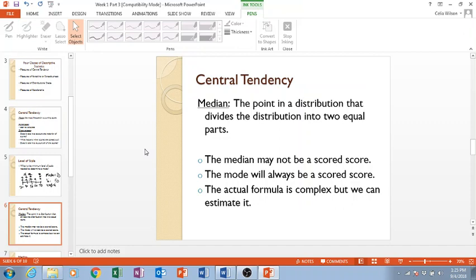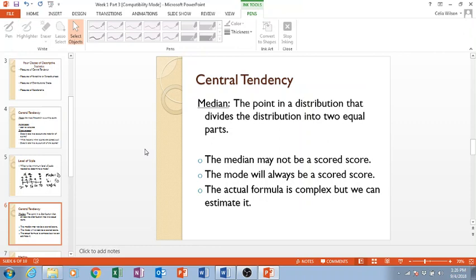We're still after that one number that best represents our entire distribution. Our next attempt at finding that value is going to be the median, and the median is the point in the distribution that divides the distribution into 2 equal parts. So the median may not be a scored score. But the mode will always be a scored score.